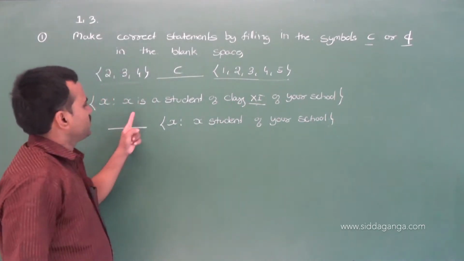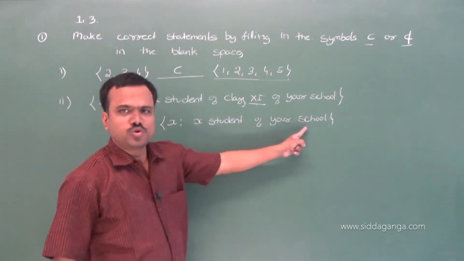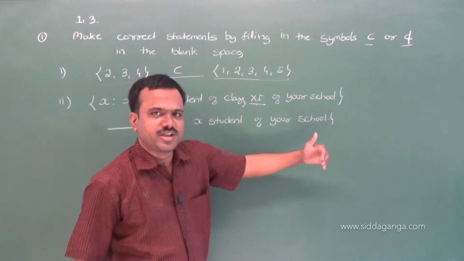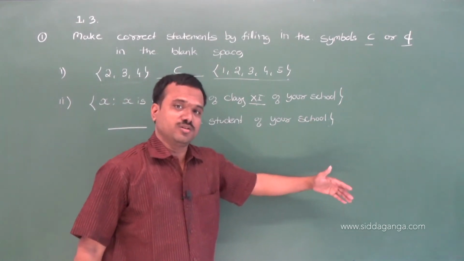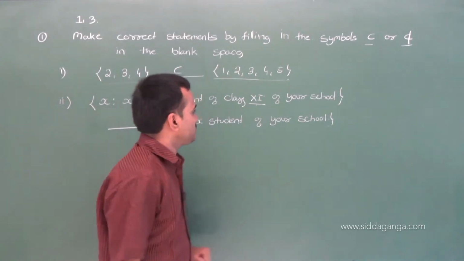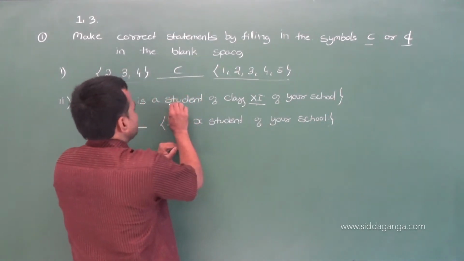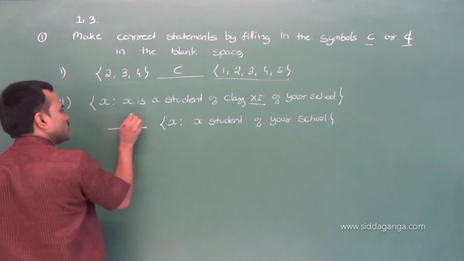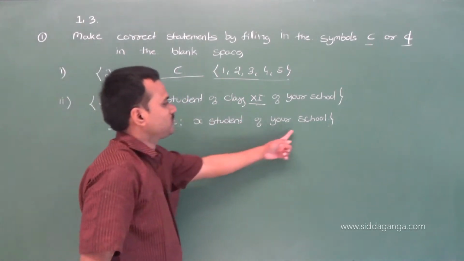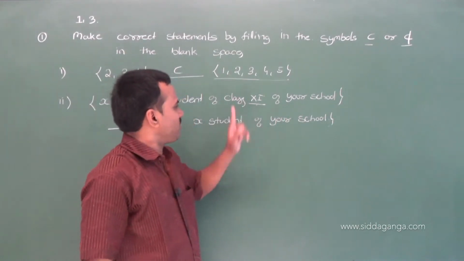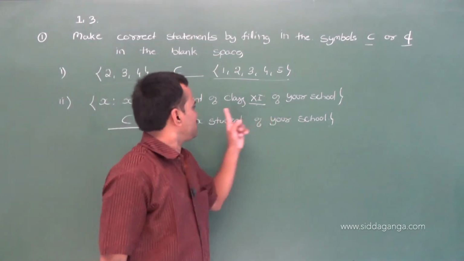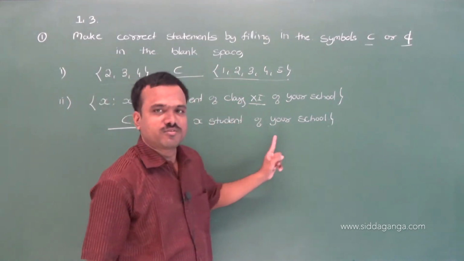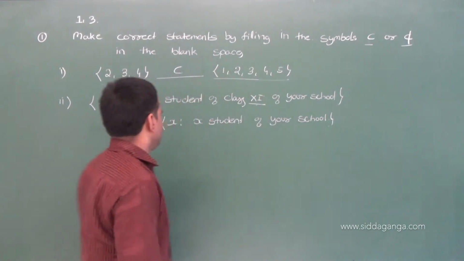See, observe here. A school contains first standard, second, third, fourth, fifth, sixth, 7, 8, 9, 10, 11, 12, LKG, UKG, playgroup. So this is nothing but a part of that. It means the students of class 11 are a subset of the students of our school. Correct?